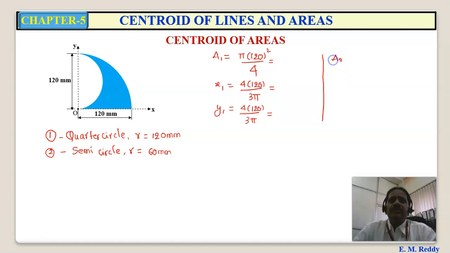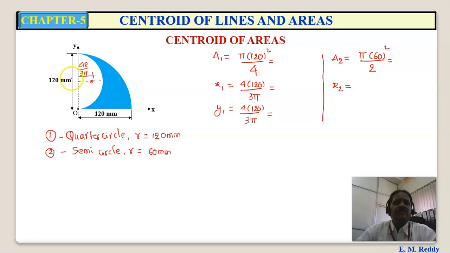A2, area of the semicircle, pi r square, r is 60, divided by 2, and x2, this circle is symmetrical about horizontal axis. Centroid will be located on the symmetrical axis. Its distance from the base of the semicircle as per the formula is 4r by 3 pi, nothing but our x2.